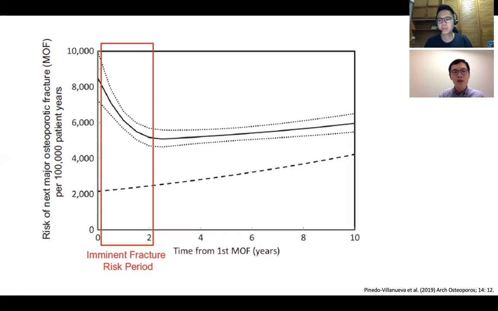In terms of fracture healing, for anti-resorptive agents, meta-analyses have shown that there isn't any significant effect in delaying fracture healing if you start the patient on bisphosphonates early after a fracture.